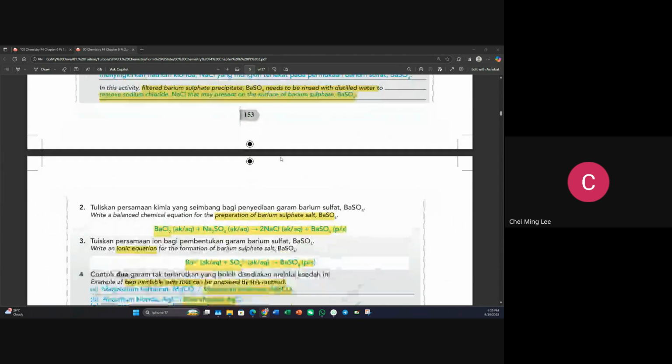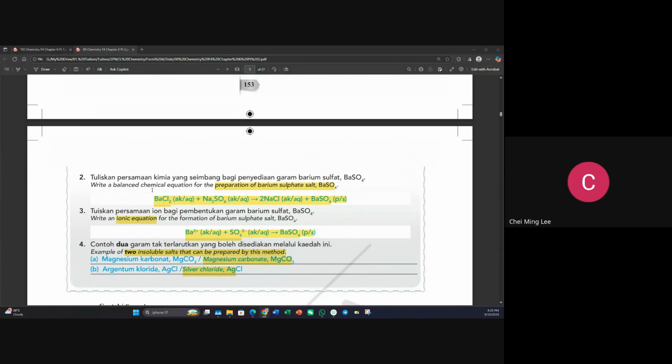Okay. Now, the balanced equation for this one will be barium chloride plus sodium sulfate become 2 sodium chloride with barium sulfate. Sodium chloride is the soluble one, and barium sulfate is insoluble. The ionic equation is the half equation, which requires the product that we want to show: barium ion plus sulfate ion become barium sulfate.